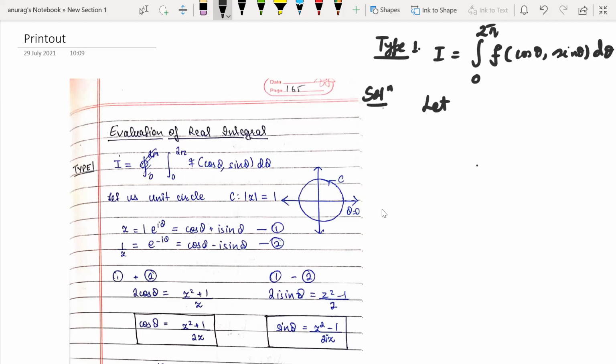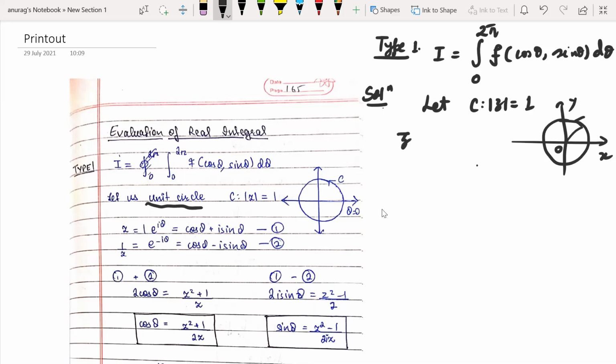Let us consider a unit circle, mod z equal to 1. We are considering a unit circle whose radius is 1 and center is the origin. So it will go from 0 to 2 pi entirely.